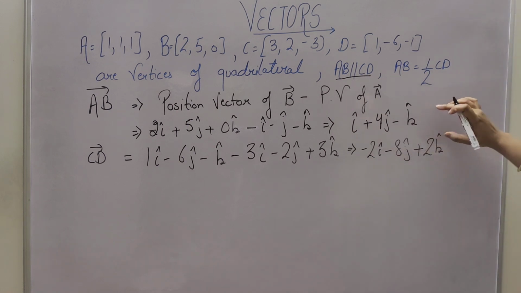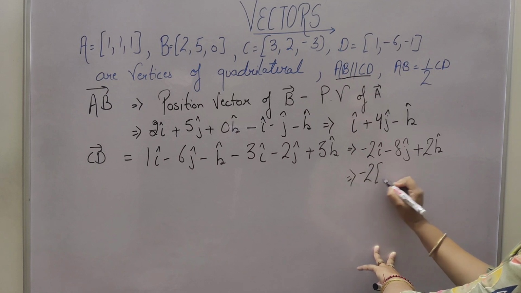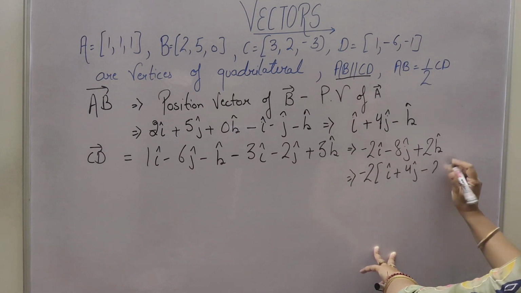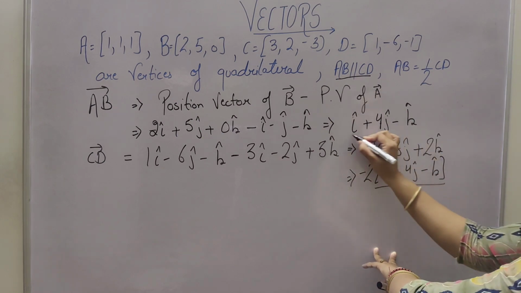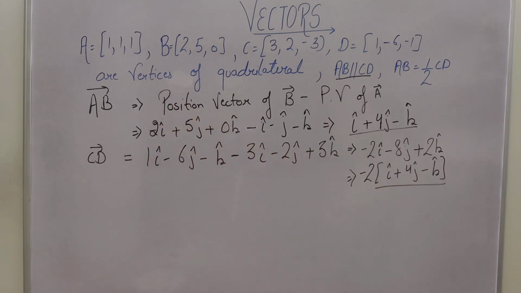As you can see, if we take minus 2 as common, the value comes i plus 4j minus k. The value is exactly the same as that of AB and CD. We take minus 2 as common.